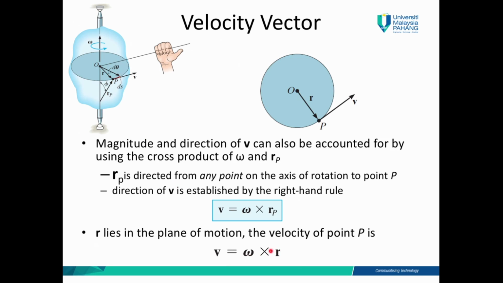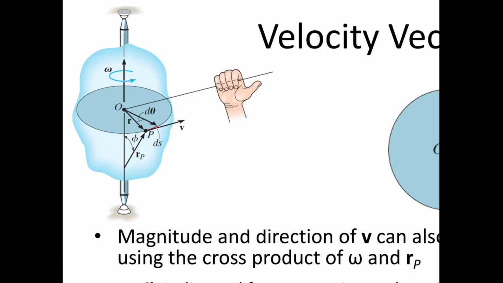So what is actually the direction of v? It comes from the cross product of the angular velocity and the position vector.